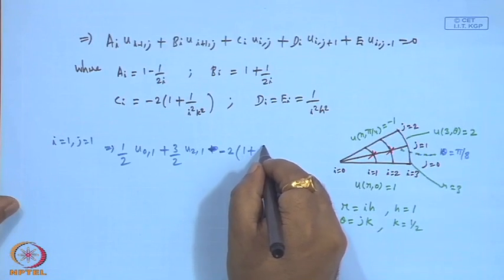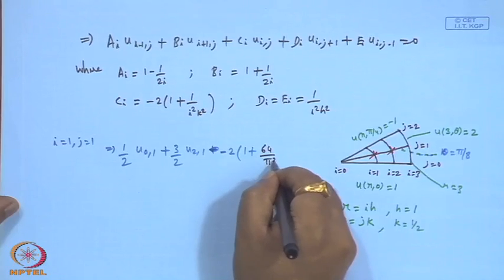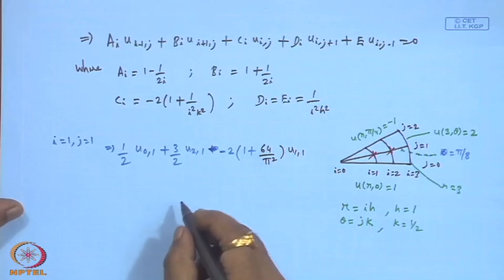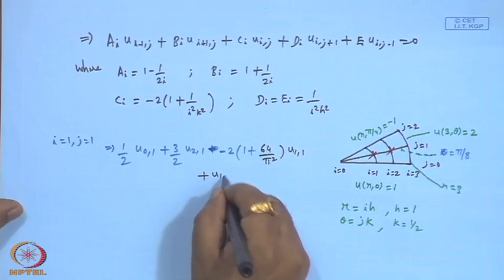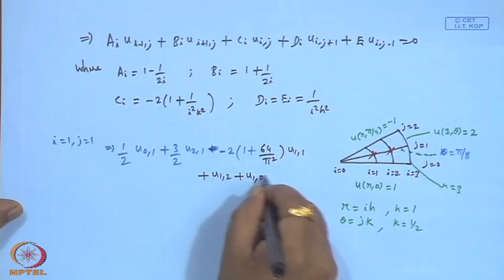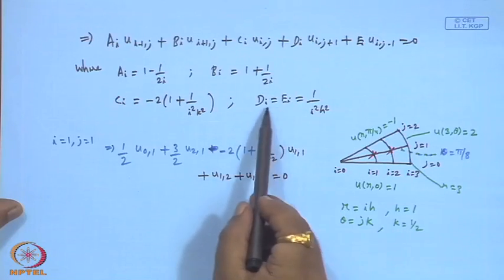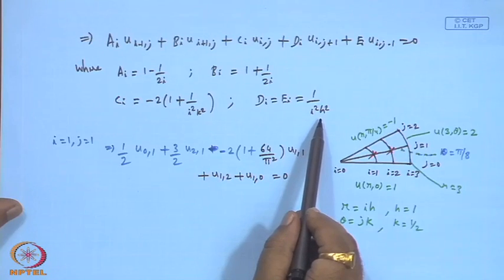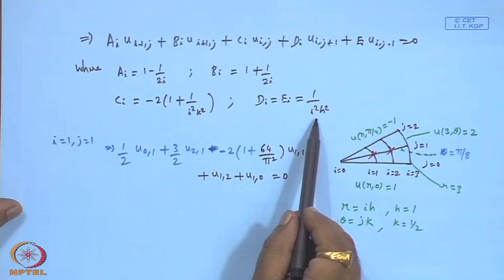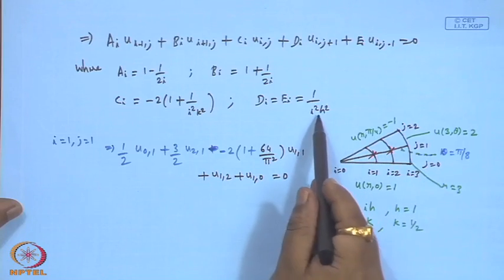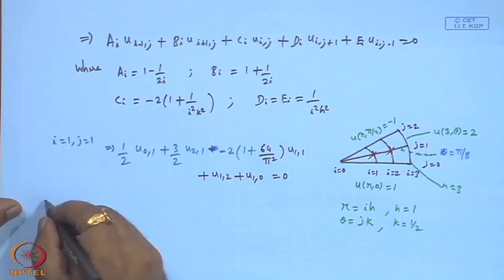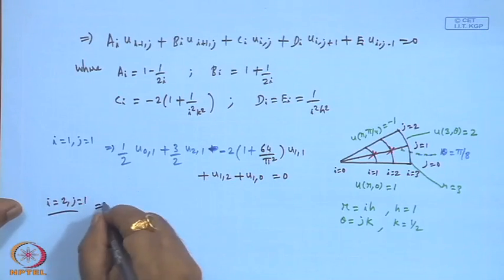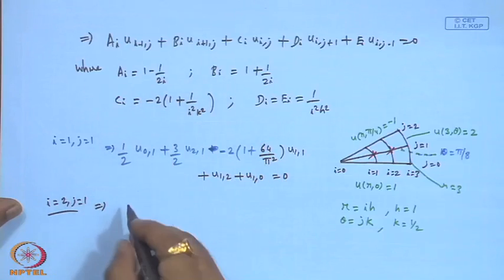So, this will be 64 by pi square u_11 plus u_12 plus u_10, because of the difference equation. So, this is coming to be i is 1, right, and h is 1. So, we get then i is 2, j is 1. So, again we compute the coefficients.